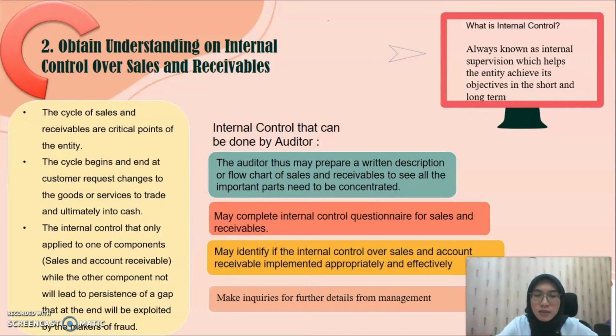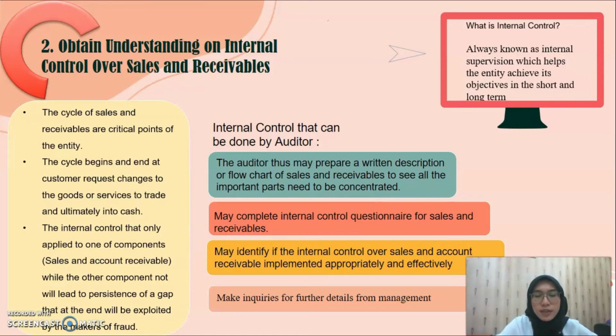They may identify if the internal control of sale and accounts receivable is implemented appropriately and effectively, such as observing the segregation of duties between cash handling and the customer ledger, whether sale transactions are carried out in accordance with the procedure set forth by the company, or observing the organized forms used to record accounting transactions and collect the data.